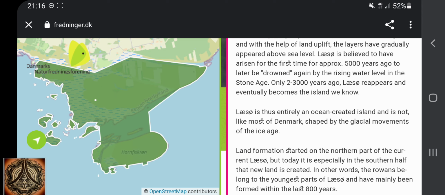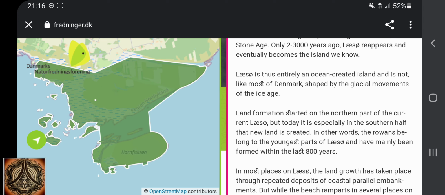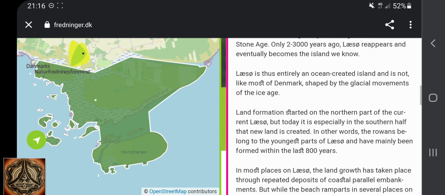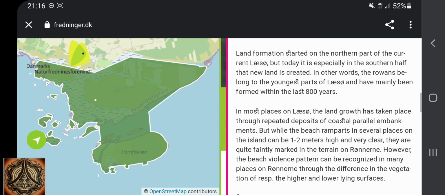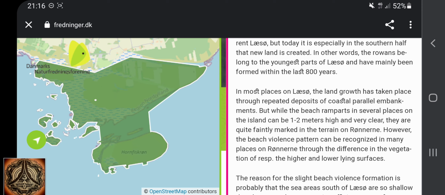Læsø is thus entirely an ocean-created island and is not, like most of Denmark, shaped by the glacial movements of the Ice Age. Land formation started on the northern part of the current Læsø, but today it is especially in the southern half that new land is created. In other words, the Rønnerne belong to the youngest parts of Læsø and have mainly been formed within the last 800 years.